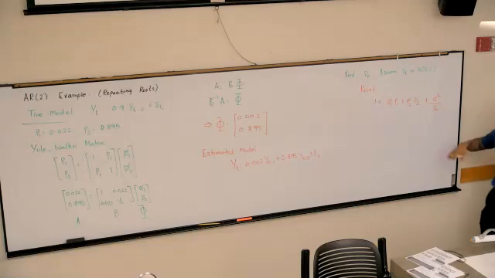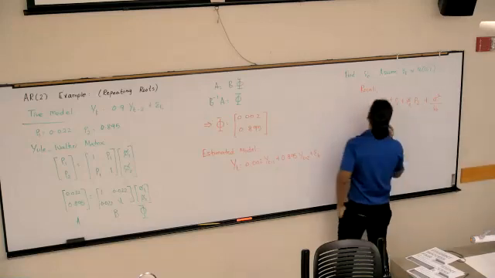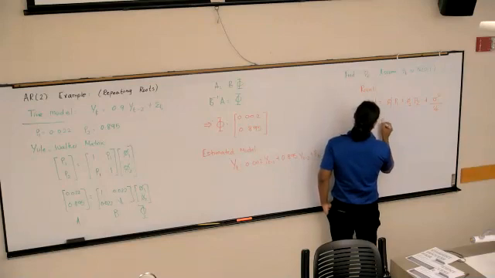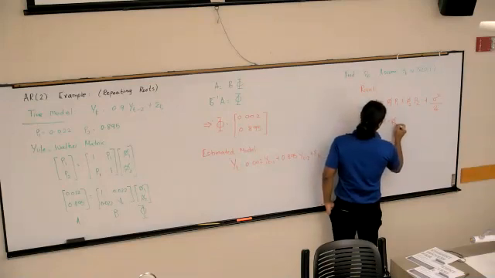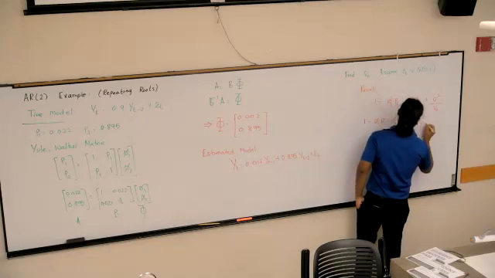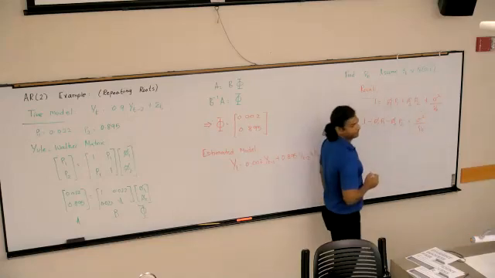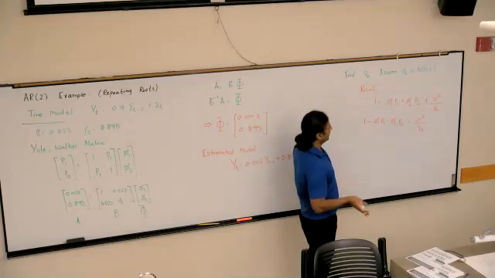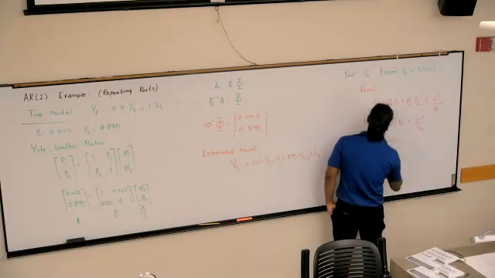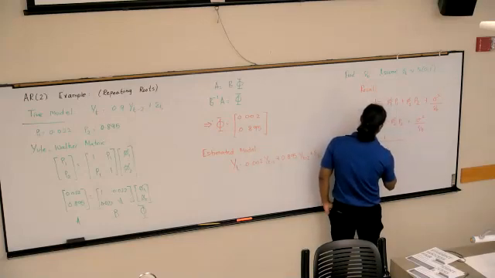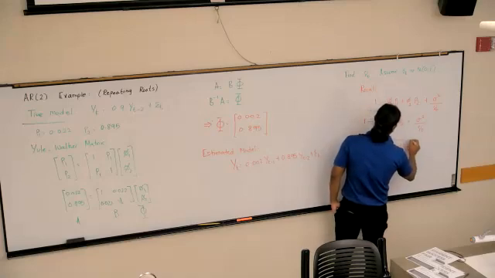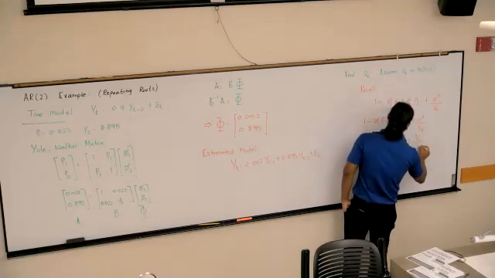So I can move these to the other side: 1 minus phi1 rho1 minus phi2 rho2 equals sigma squared over gamma naught. If I flip both sides, I will have 1 over 1 minus phi1 rho1 minus phi2 rho2 equal to gamma naught over sigma squared.